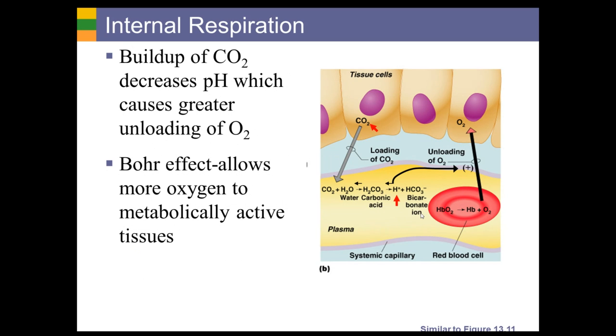When that happens, hemoglobin can't bind as much oxygen as it normally does. And so hemoglobin will give off more oxygen as the pH levels drop, and that's called the Bohr effect.